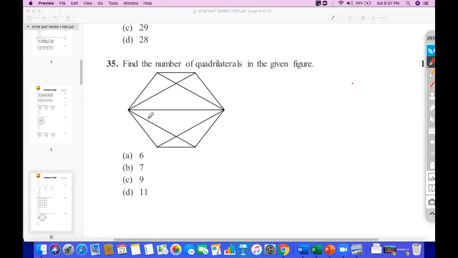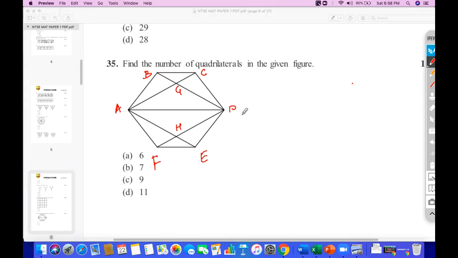giving it. So suppose this is A, this is B, this is C, this is D, E, F, G, and H. So let's write down quadrilaterals.